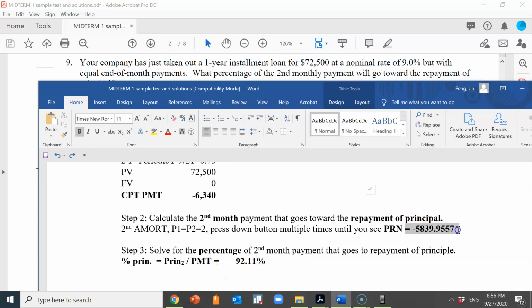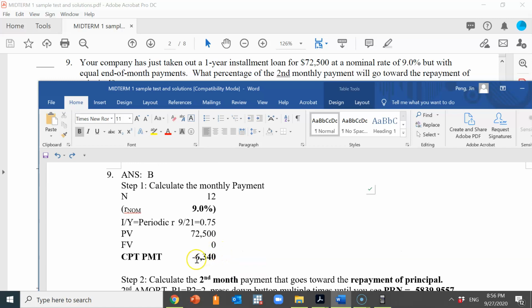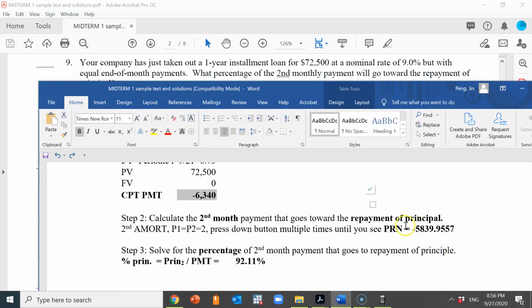We're using this number from the second step, divided by the total payment from the first step. So we use 5839.9557 divided by 6340, and we get the final answer of 92.11.